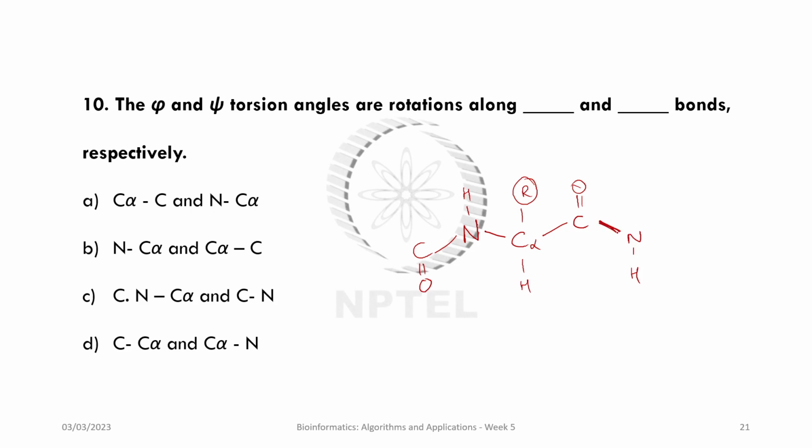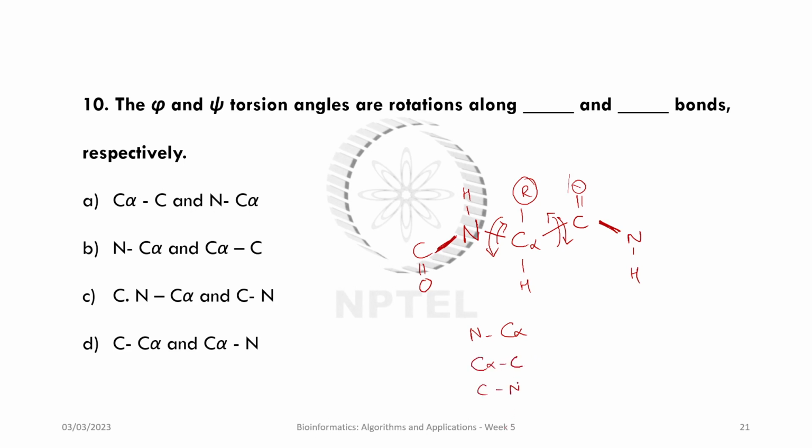This is the peptide bond. We have another peptide bond here, which are planar, right? So rotations are going to be there in these bonds. N C alpha is one option, C alpha C is another option.